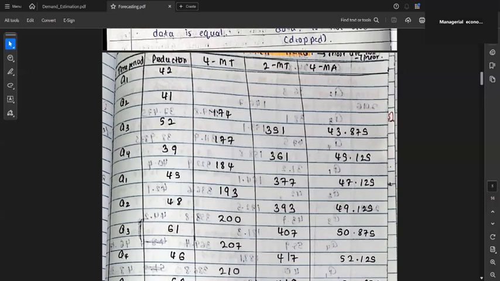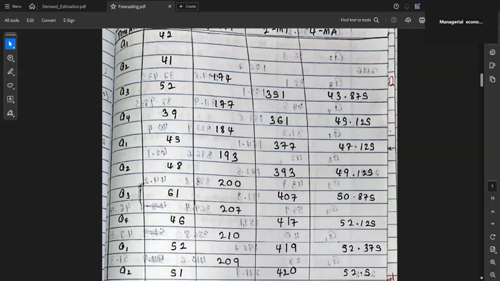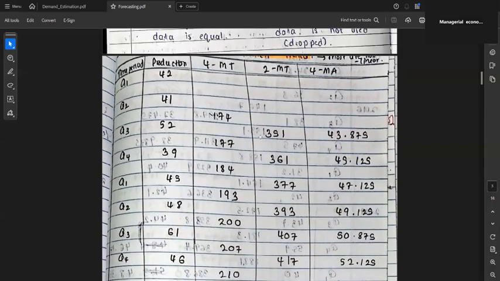If we get a 3-point moving total, we can go for 3-point moving average directly. But if we get an even moving average, then we have to use the 2-point moving total before we obtain the 4-point, that is, even numbers moving average.